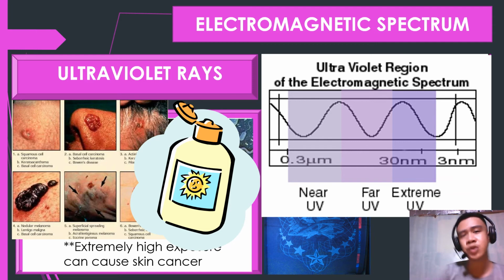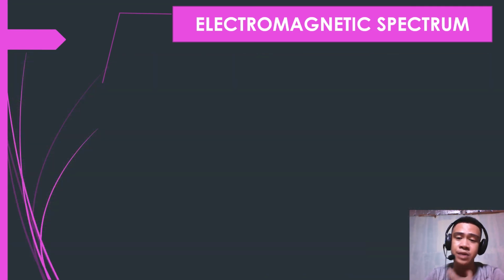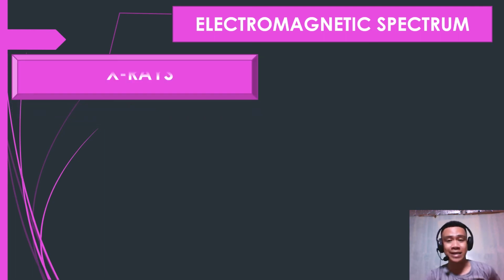This is the range of ultraviolet rays within the electromagnetic spectrum. So it is between 0.3 micrometers and 30 nanometers. Next, we have letter X. So that is X-rays.